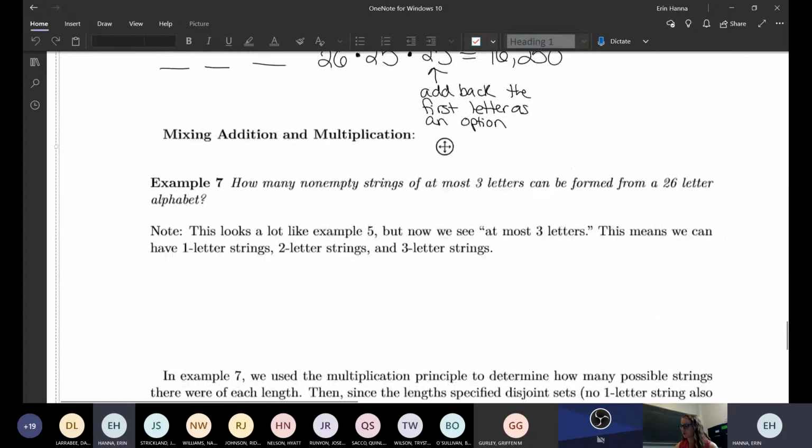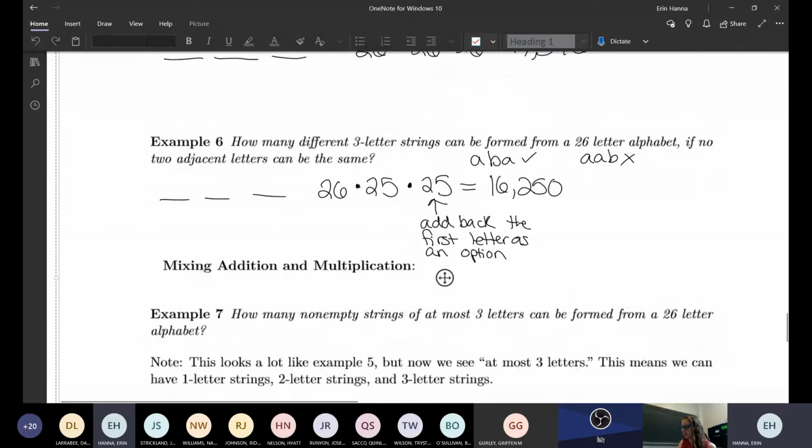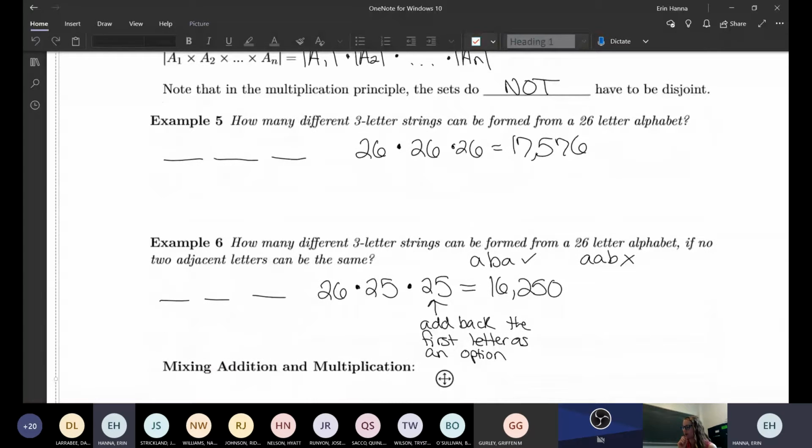There are a few situations where we can actually use both. That's the last piece we have to talk about in 4.1 before we move on to 4.2. So say I wanted to figure out how many non-empty strings of at most 3 letters can be formed from a 26-letter alphabet. At the very end of Thursday before our quiz, we talked about 3-letter strings on a 26-letter alphabet in general, and then if we can't repeat things.